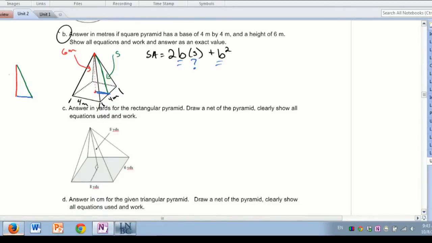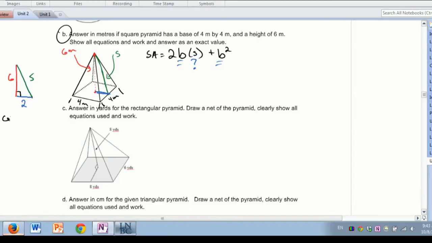So I know the height is 6, and across the whole base is 4, so half the base is going to be 2. And then I'm going to want to find this side along here, the hypotenuse, or the longest side, which is just going to be the C in my Pythagorean theorem.